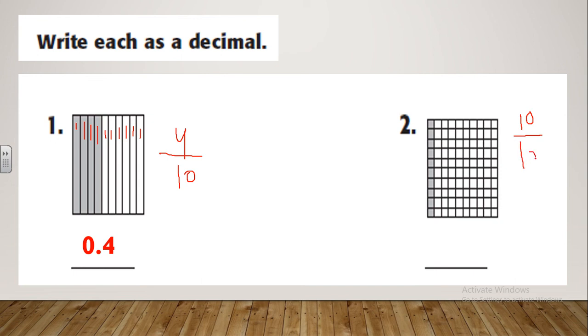You will see it's 100. Okay? So if I want to write it as a decimal, we will write 10 over 100. That means we will put the decimal point after 2 numbers. So that will be 1, 2. We will put a point here and 0. You got it?